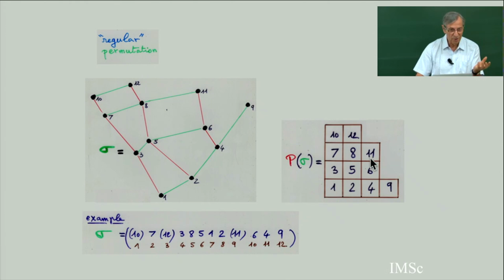And the reading word of the P symbol is a very particular regular permutation. It means that first you read 10, 12. So this would be the first two elements of the permutation. Then this sequence would be the next element of the permutation. Then this one, the next, etc., etc.